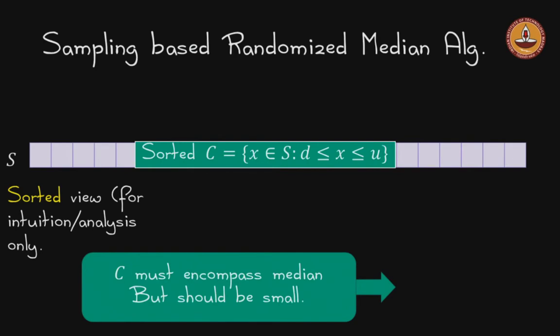So, this sorted set spans the median. So, it must encompass the median, but it should not be too large. It should be something like n to the 3/4. So, which means that because it spans the median, you can spot the median of S within the array C. This is the intuition that I hope you already have.